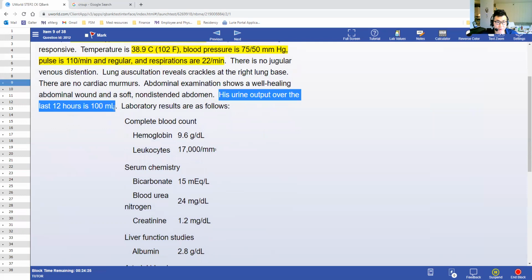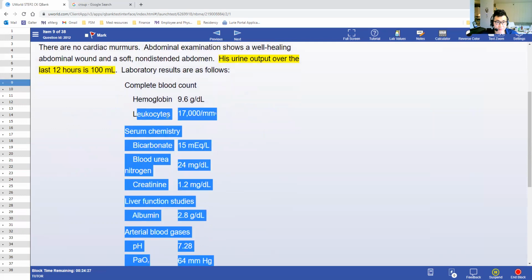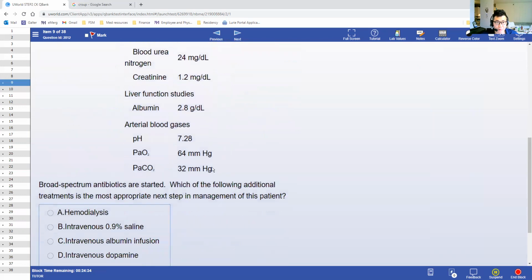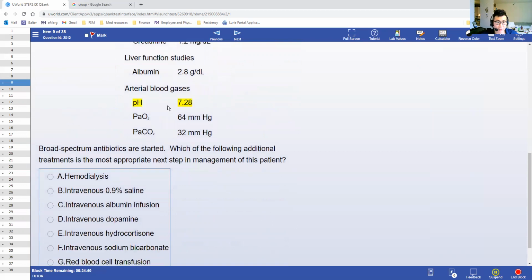Urinary output is also crap. Yep, very obvious signs of infection. All right, this is going to be pretty important here. He's pretty acidotic, and he is trying to compensate for that. He's not getting enough oxygen, though. All right, yeah, so pretty typical picture.